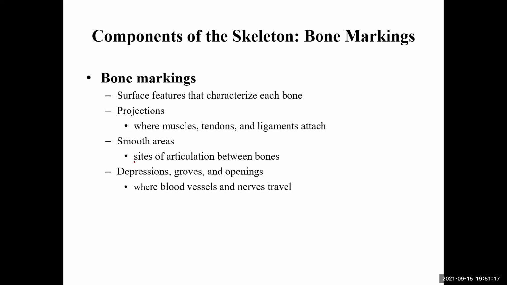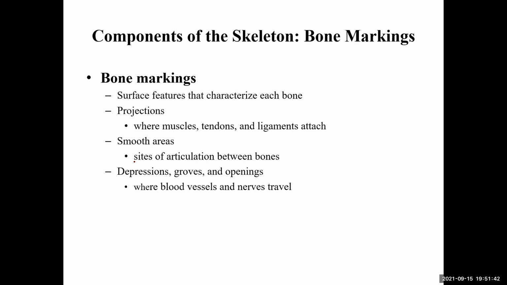You could say, oh, that's the femur. Hold up this bone. Oh, that's the zygomatic bone. That's what you should be focusing on first before you learn all the bone markings. Okay, so ideally, if you want to try to make this as simple as possible for yourself, learn the bone, be able to identify the bone, and then you can learn what's on the bones.